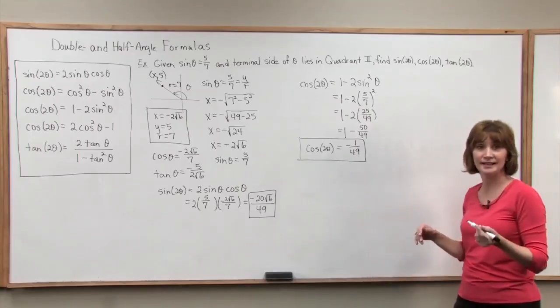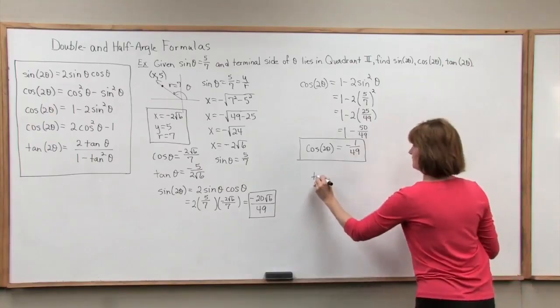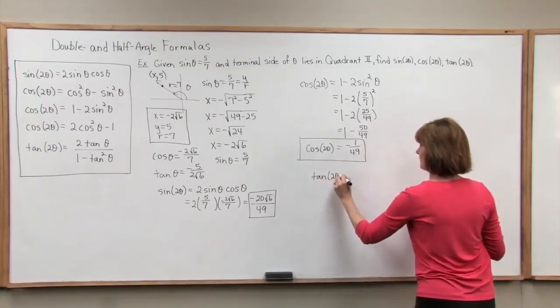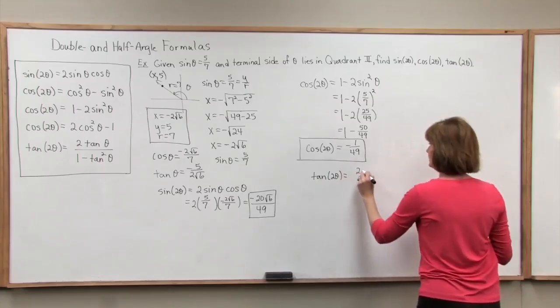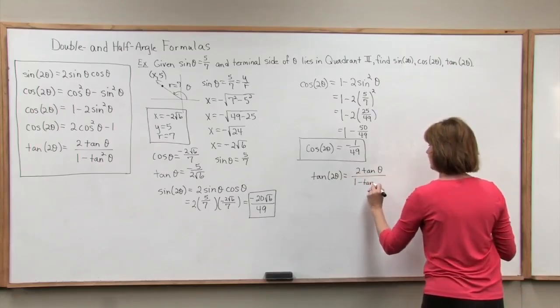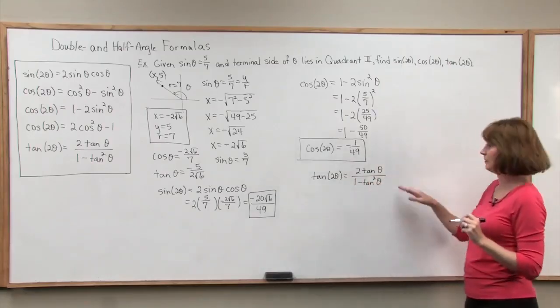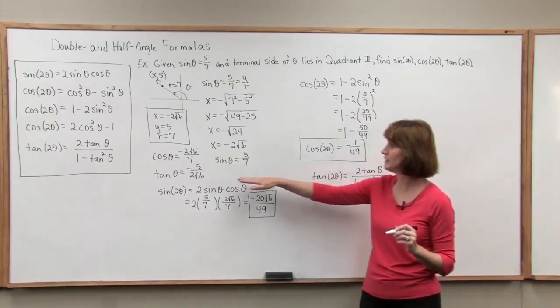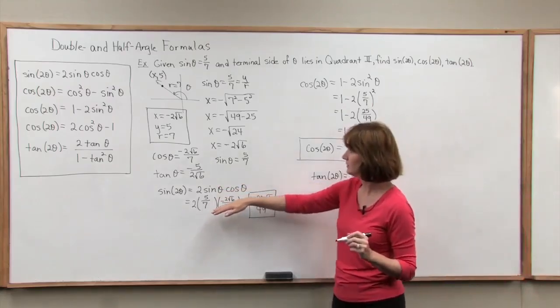Now let's find the tangent of 2 theta. Well, the identity is 2 tangent theta over 1 minus tangent squared theta. Well, we need to plug in our values. Our tangent was, let's see, where did we write it down?